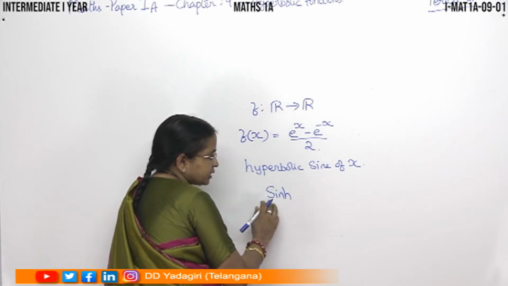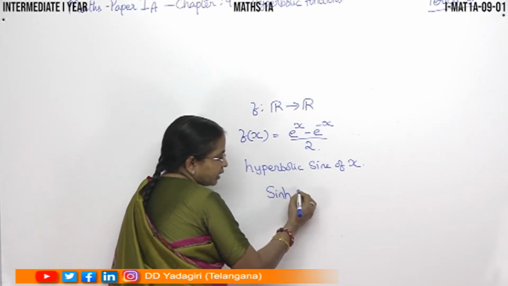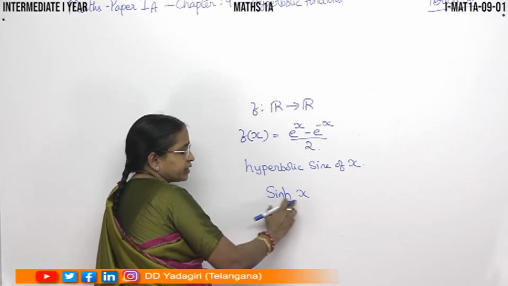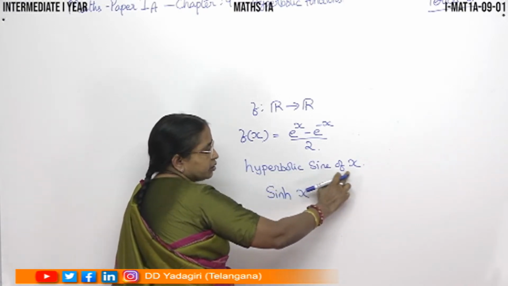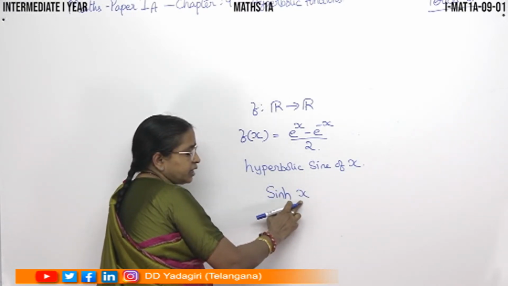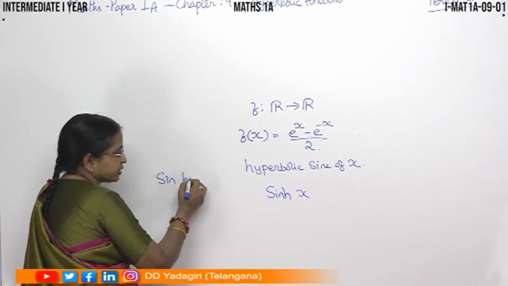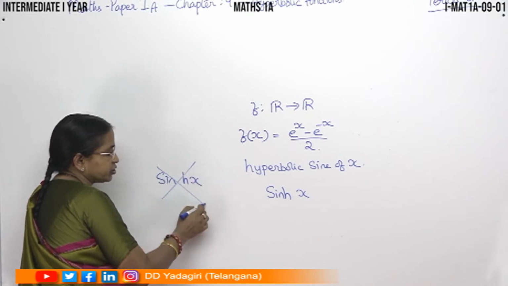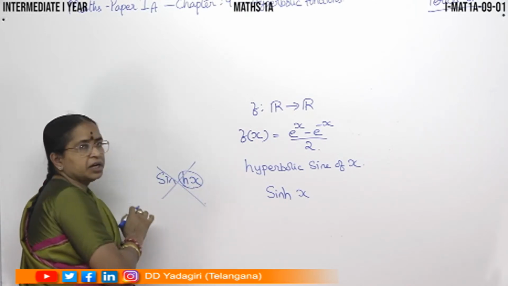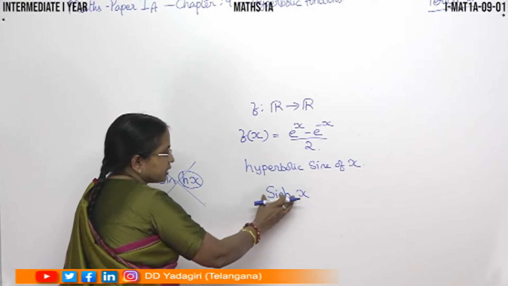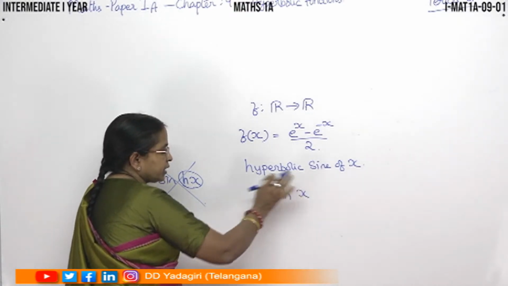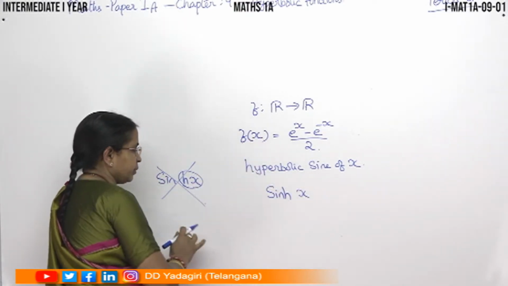You must write sinh together. So you should not write sine of hx. This way of writing is wrong. You must write sinh together and x separately, where x is any real number.